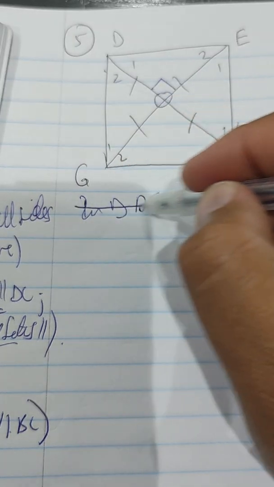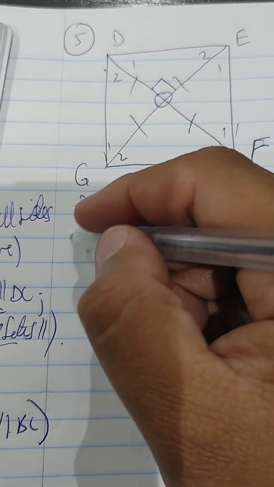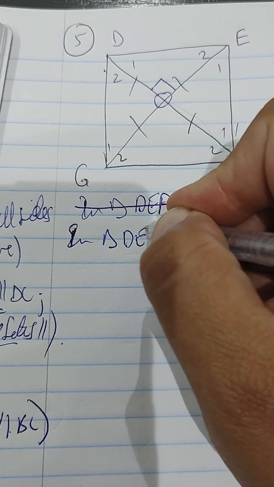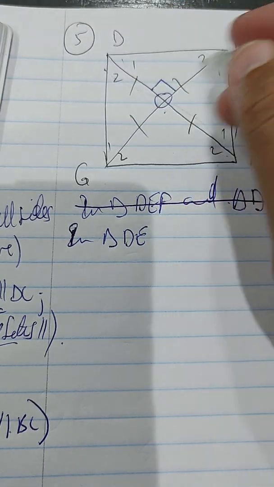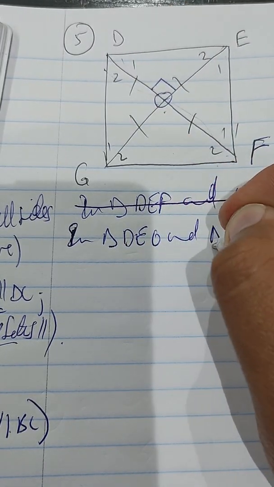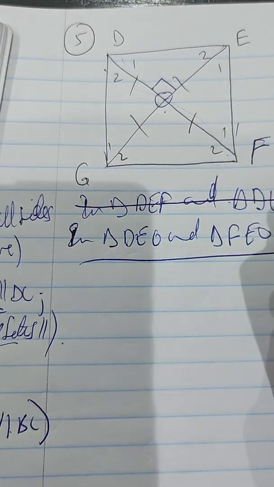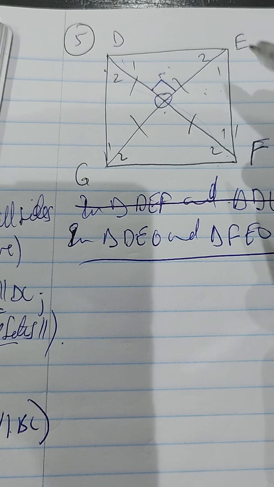No, it's not going to work. So we say in triangle DEO and triangle FEO, I'm going to prove congruency here.